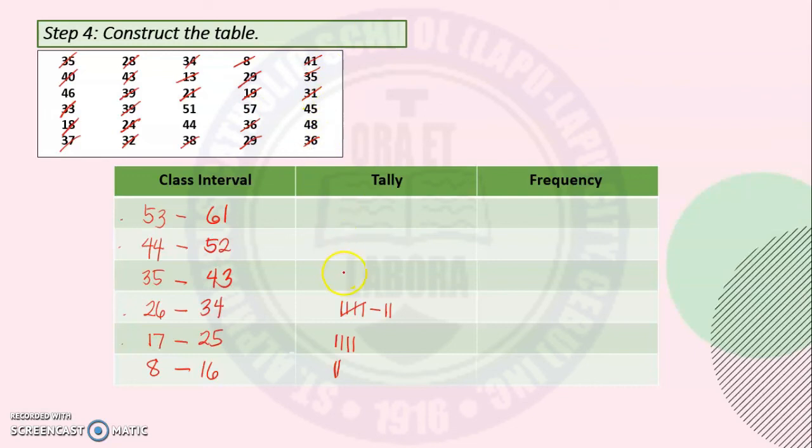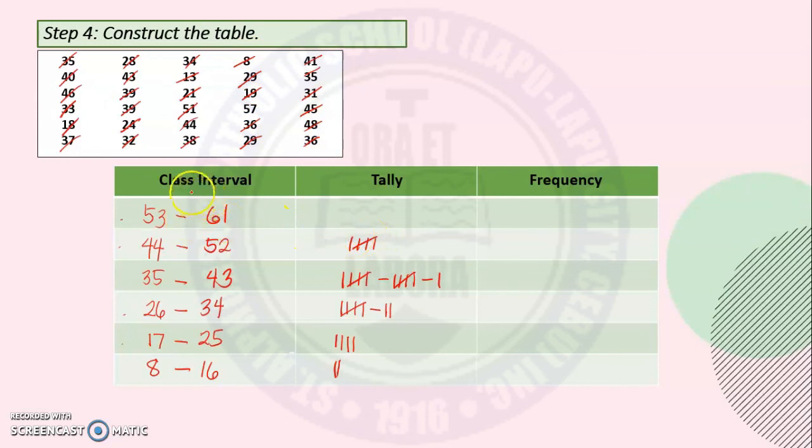So we have 11. Next, we have 44 to 52. So let's find 1, 2, 3, 4, 5. So we have 5.